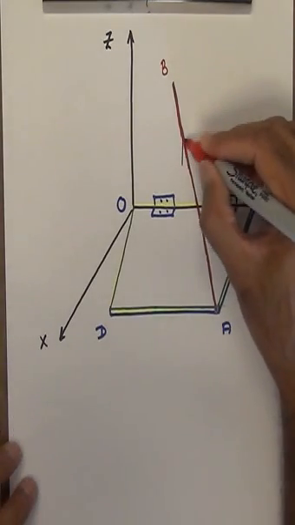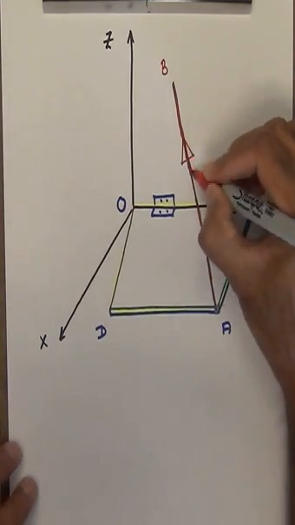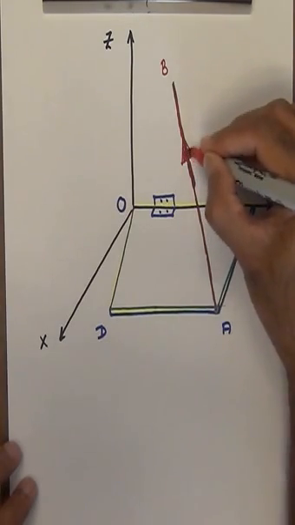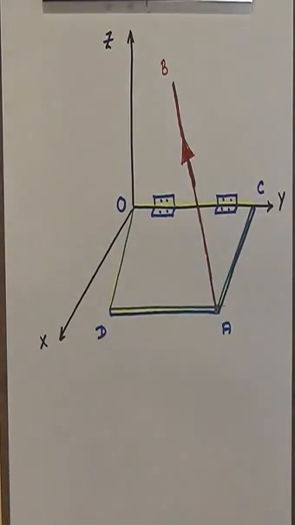Alright, so I have a force that is running along this particular line here, and the magnitude of that force is 30 newtons.